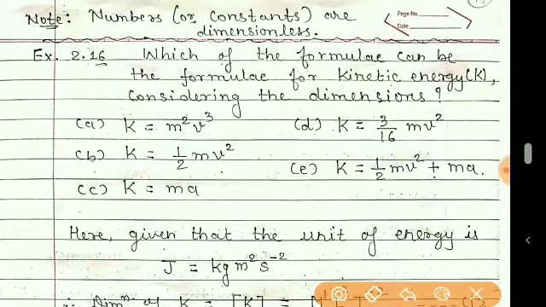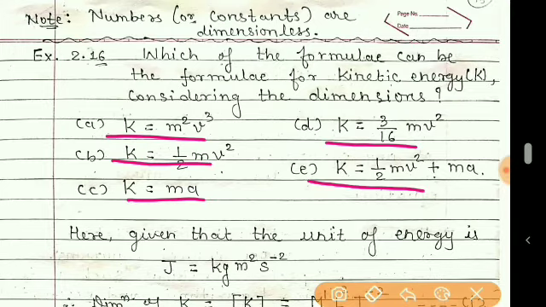Now example number 2.16. In this example 5 equations for kinetic energy are given, and here we want to check which of these given equations can be correct dimensionally.